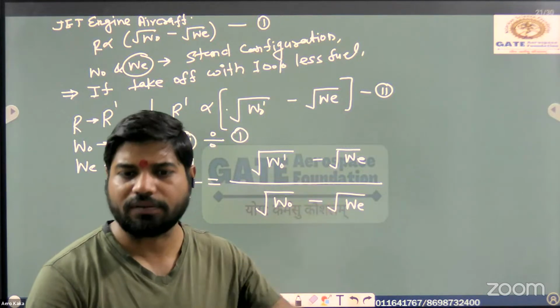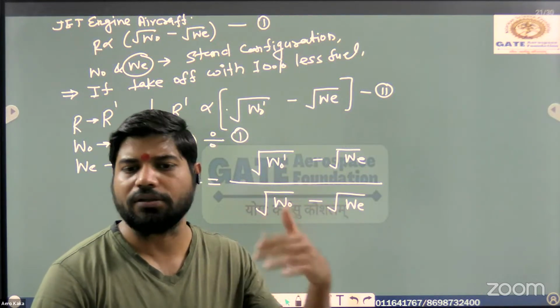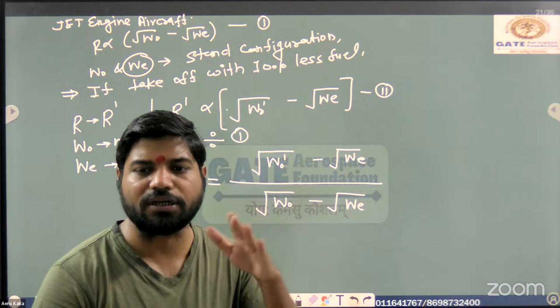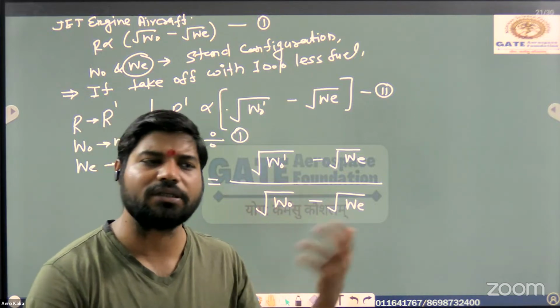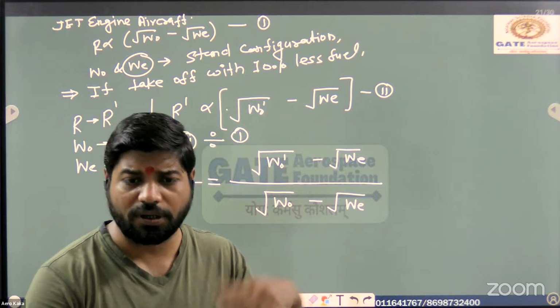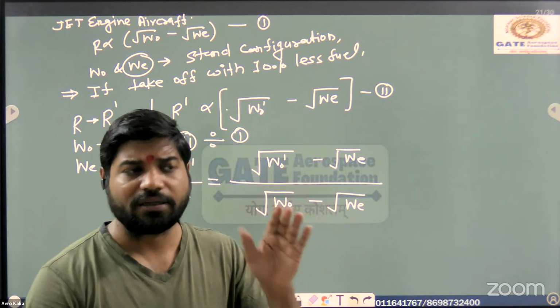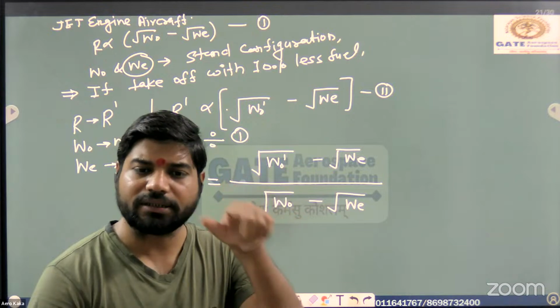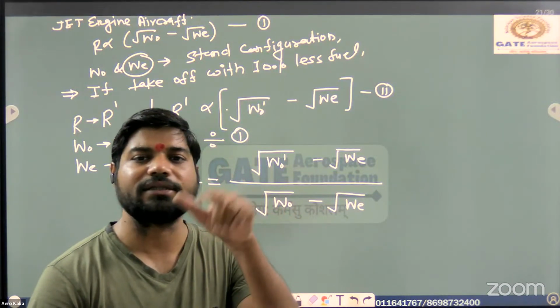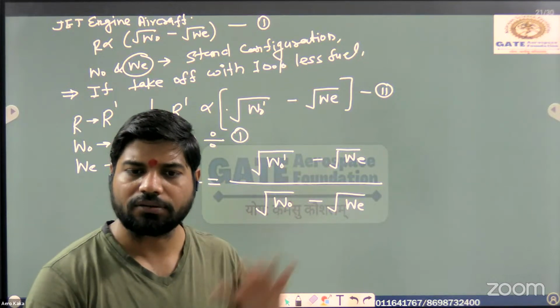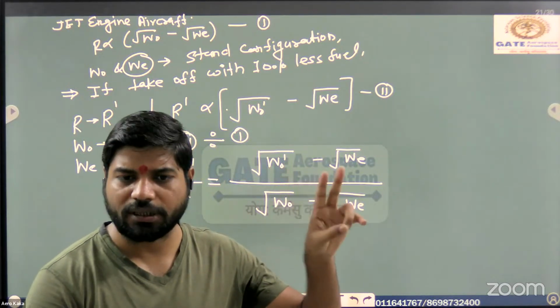Just put this here and simplify. You can simplify it further in terms of WE upon WF, or WF upon WE. Consider WF upon WE or WE upon WF as X and take the two limits: when X tends to 0, and when X tends to 1. Take both hypothetical conditions.